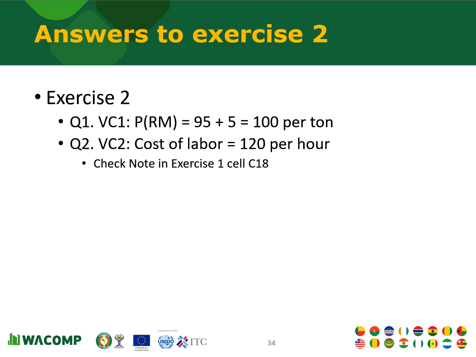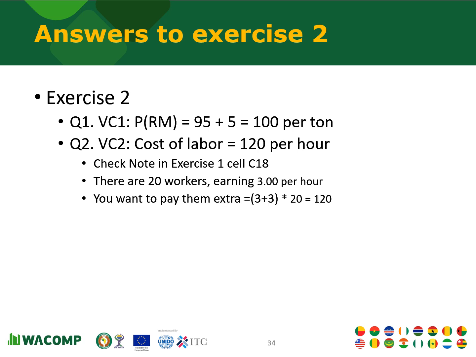It reads, there are 20 workers earning $3 per hour. You want to pay them 3 extra, so in cell C18 you type equals, bracket open, 3 plus 3, bracket close, multiplied by 20. And the answer will be that the cost of production is 120.